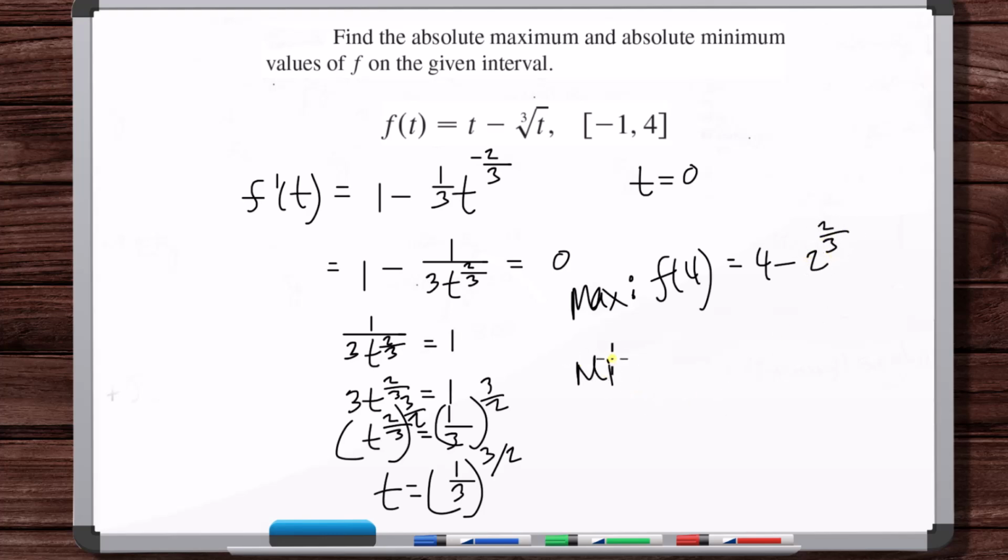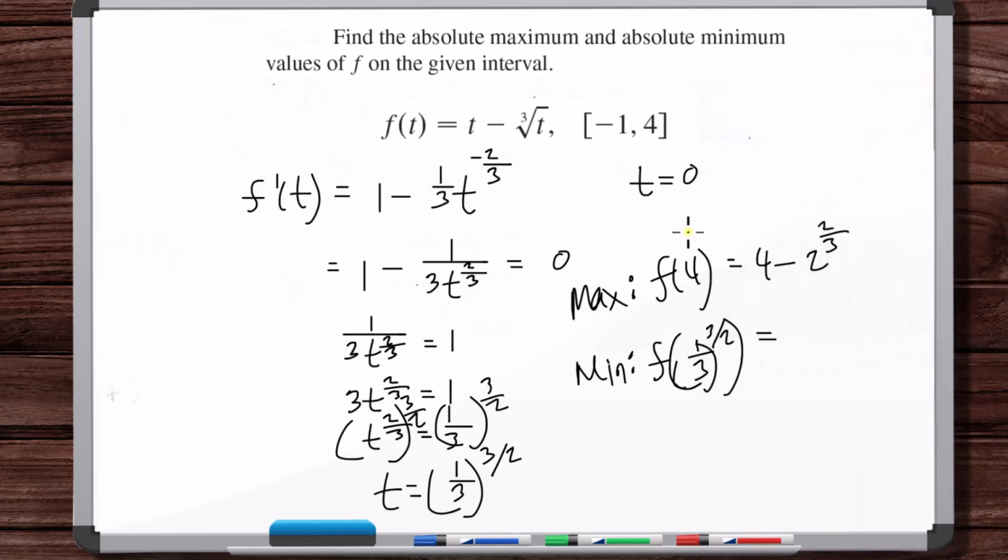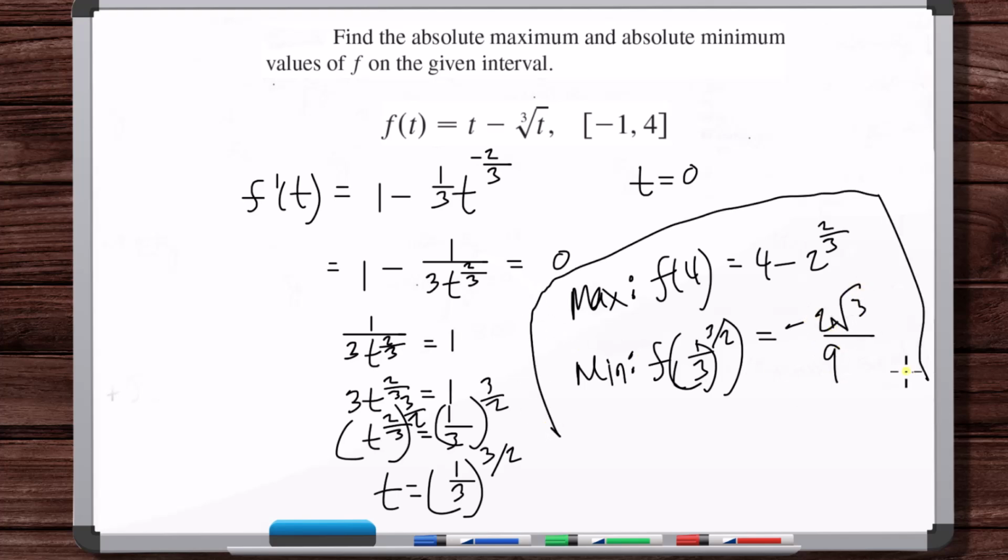The min is equal to f of 1/3 to the 3/2, and that's minus 2√3/9. That is the global max and min.